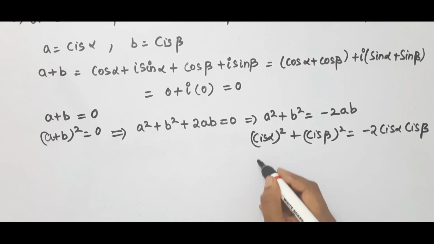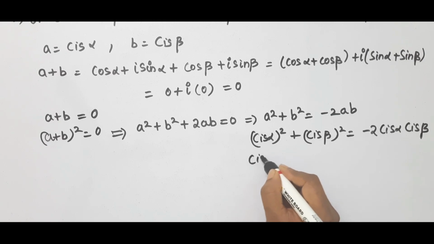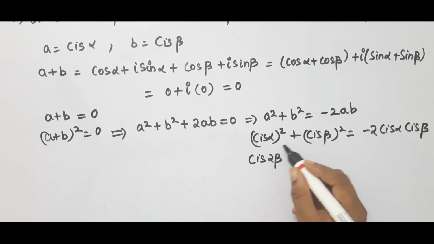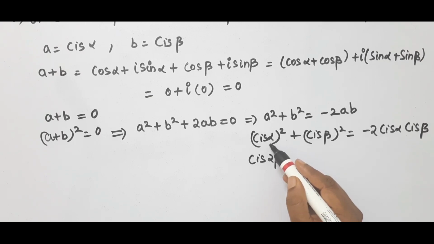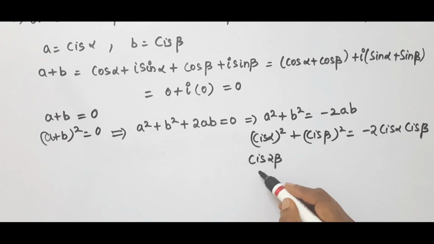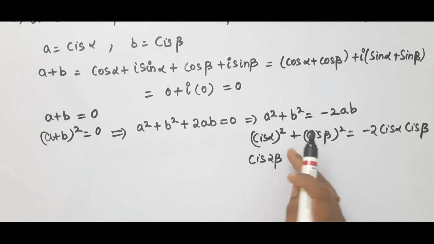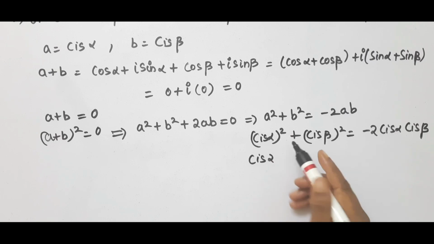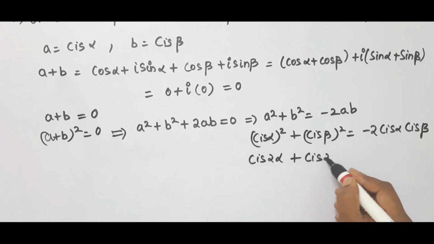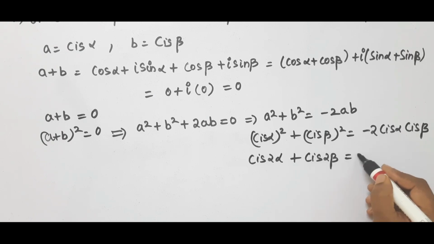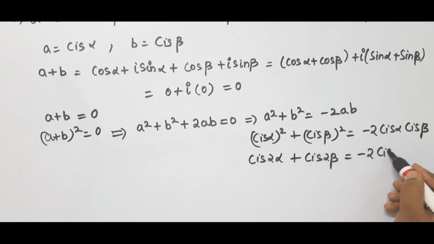So this becomes cis 2 alpha. Just applying De Moivre's theorem, cos theta plus I sin theta whole square is nothing but cos 2 alpha plus I sin 2 alpha, which is nothing but cis 2 alpha, is it not? So just apply De Moivre's theorem. So this becomes cis 2 beta is equal to minus 2 into cis alpha plus beta.